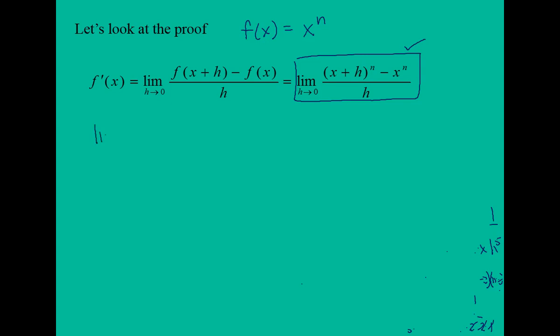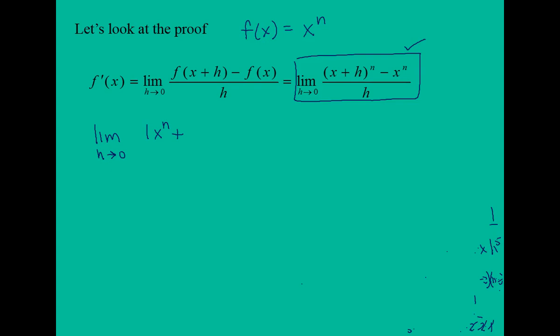This would be the limit as h approaches 0. Now, when we expanded this out, we know we would get 1 times x to the n, h to the 0. I'm not going to write the h to the 0.